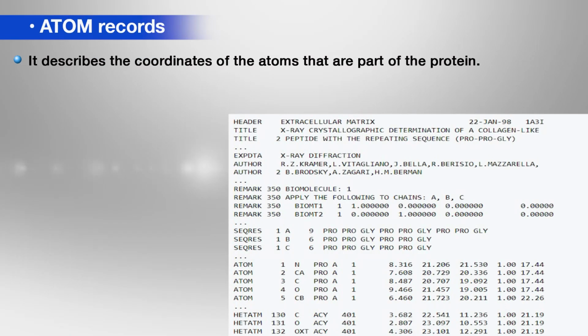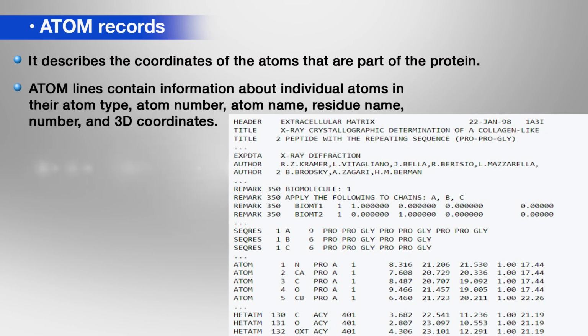ATOM records describe coordinates of the atoms that are part of the protein. An ATOM line contains information about an individual atom in the molecule, including its atom type, atom number, atom name, residue name, chain identifier and 3D coordinates.